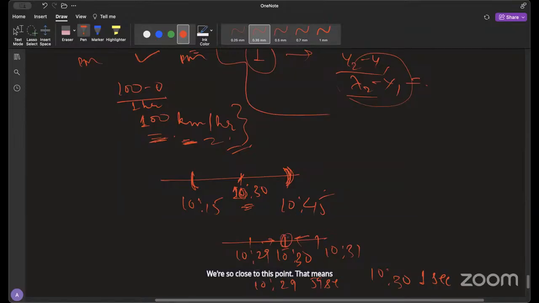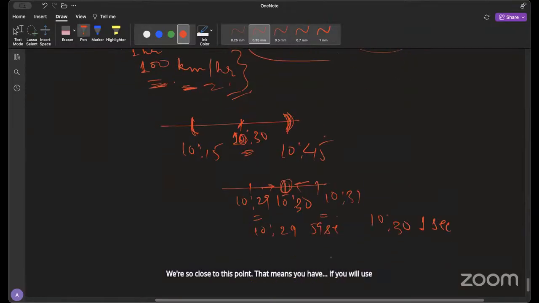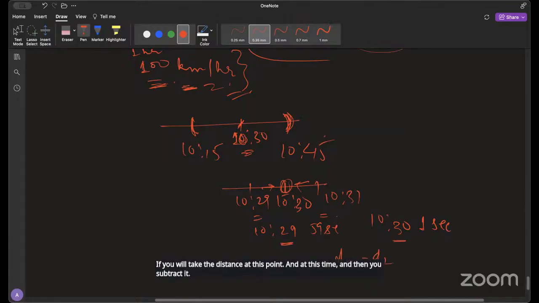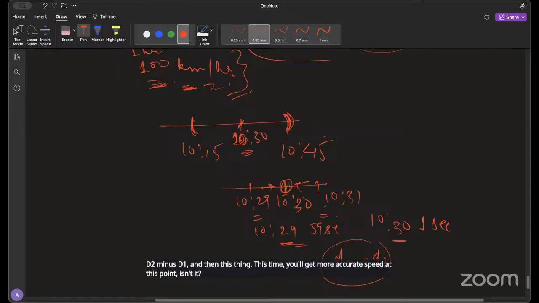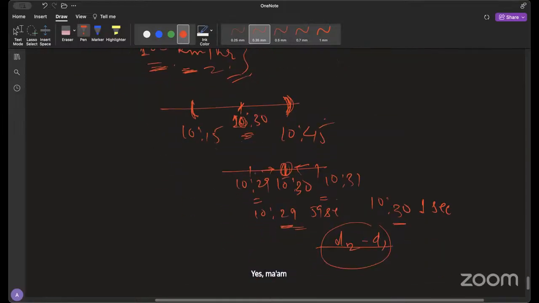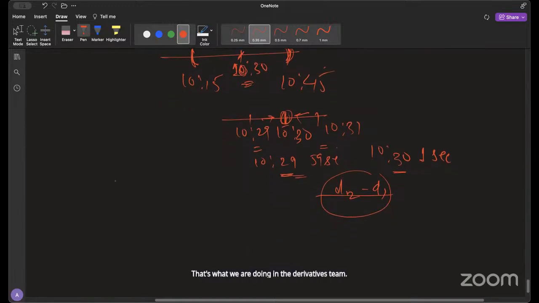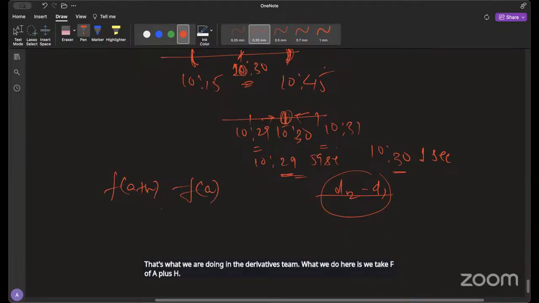That means if you take the distance at this point and at this time, and then you subtract it, d2 minus d1, and divide by this time, you'll get a more accurate speed at this point, isn't it? Yes, ma'am. Yes. That's what we are doing in the derivatives. What we do here is we take f of a plus h minus f of a.